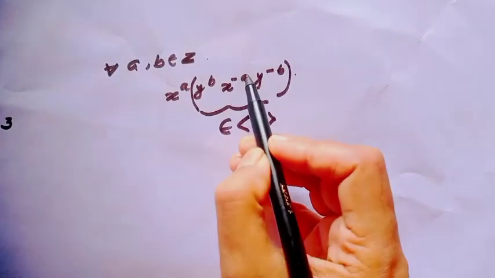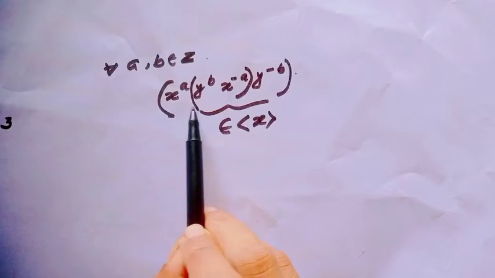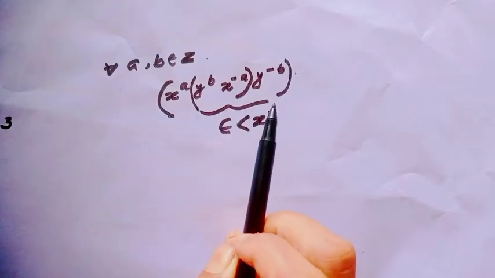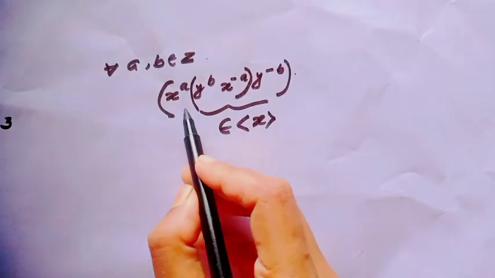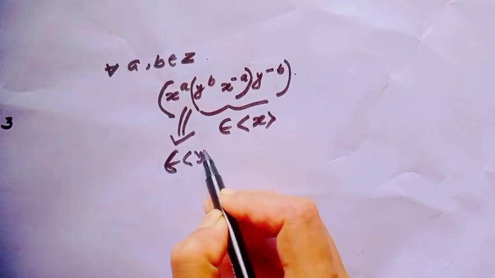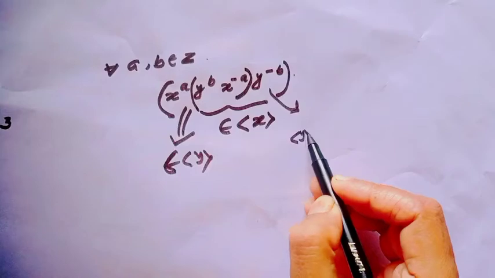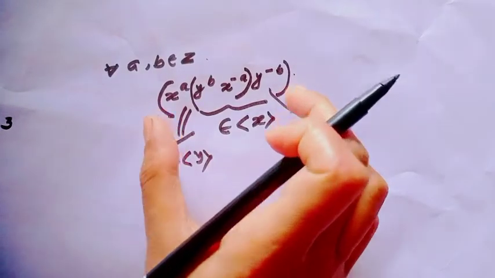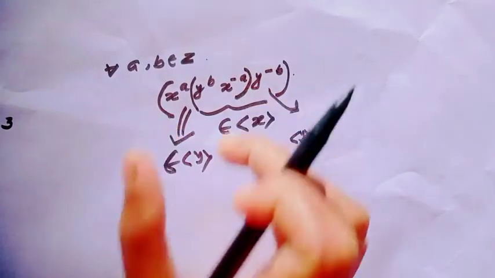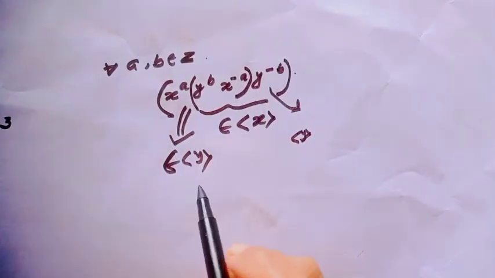Now consider the other bracket. Since the cyclic subgroup generated by y is also a normal subgroup, this would belong to the cyclic subgroup generated by y. That means the whole part is a member of the cyclic subgroup generated by y.